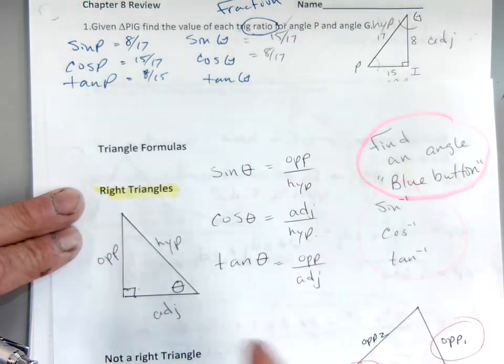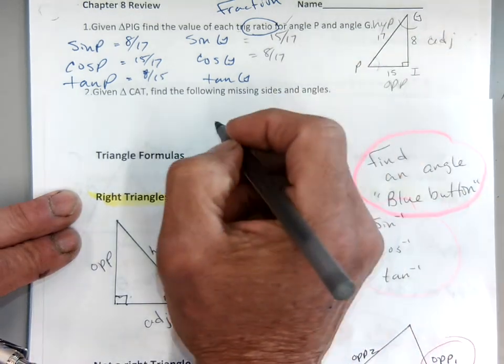And tangent of G is opposite over adjacent, which is 15 over 8.